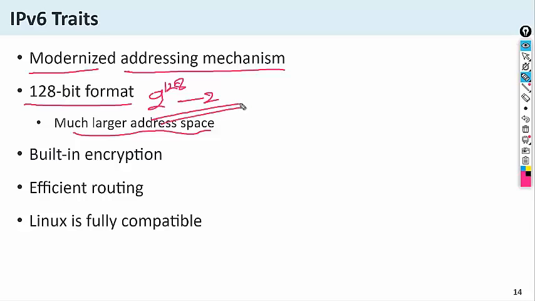So it will be a trillion-scale value for IP addresses. It has built-in encryption, so no other protocol is needed for encryption, and it is efficient for routing because no subnet mask is needed, and Linux is fully compatible with IPv6.